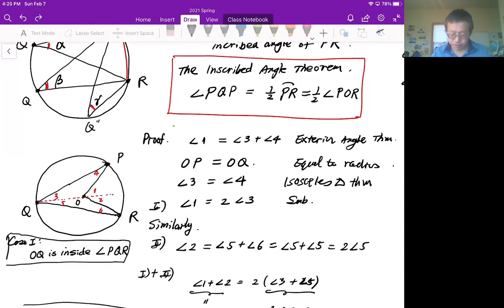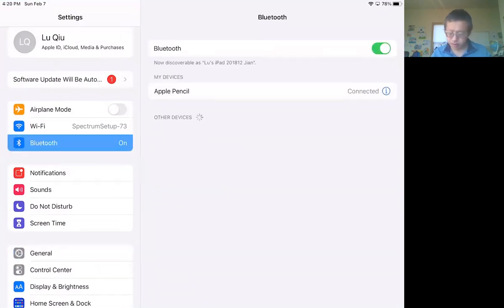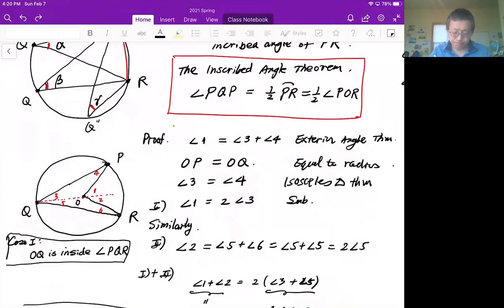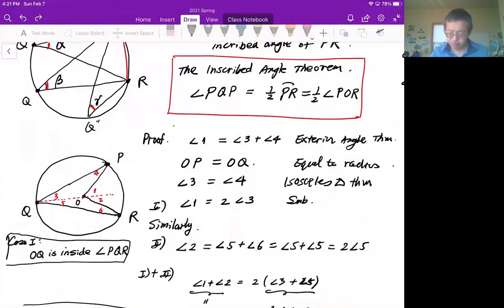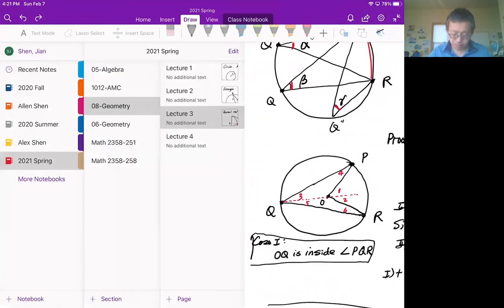Let me go back to the settings. Pencil connected. Apple Pencil. Okay, let's go back again. My pen is not working here. Interesting.